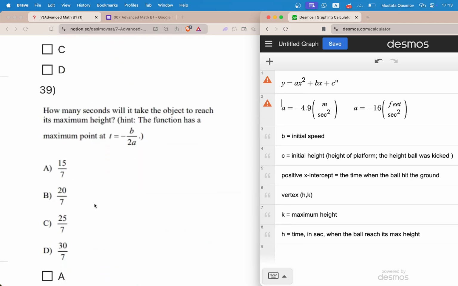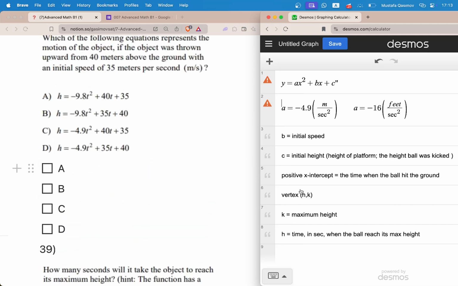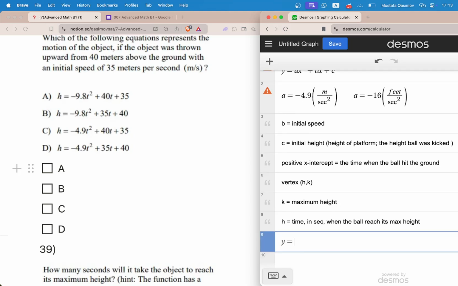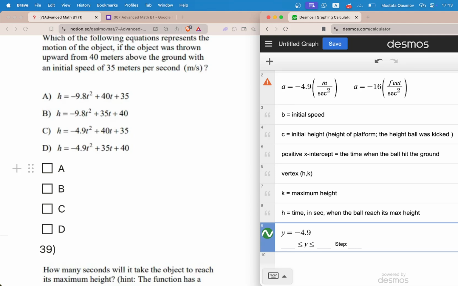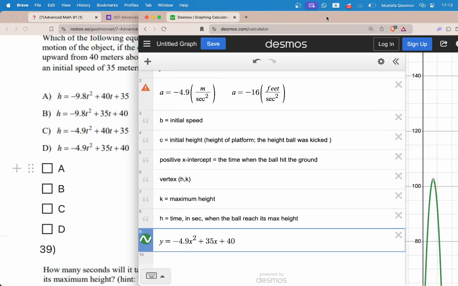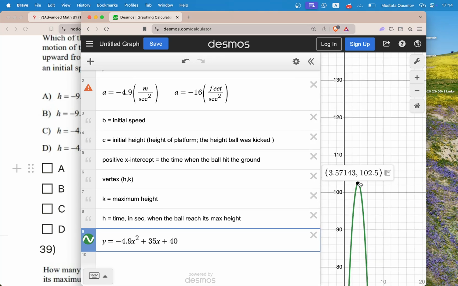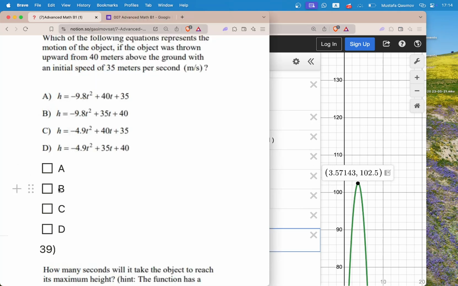Okay, let's look at 39. How many seconds will it take the object to reach its maximum height? It means we have to find the x of the vertex. Let's write the function in Desmos. Okay, so the answer is 3.57.